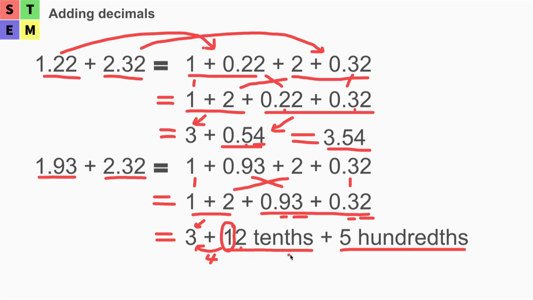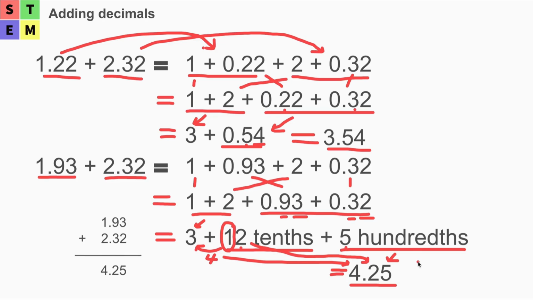We got 2 tenths and 5 hundredths, right? So what's the result? That equals 4.25, right? So again, 4 here, and we got 2 tenths left, and 5 hundredths, okay?